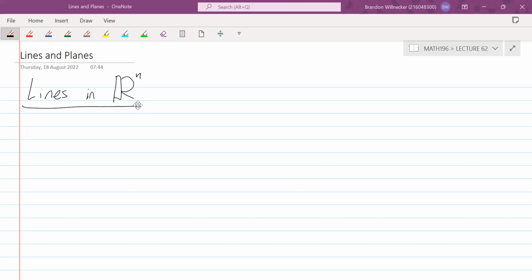Okay, so let's start in R2. Imagine we've got the axes like this. We've got X and Y, and we've got some line in the plane, something like this.